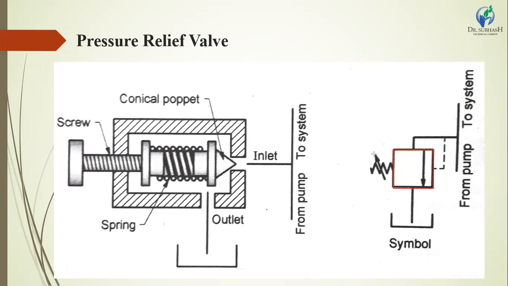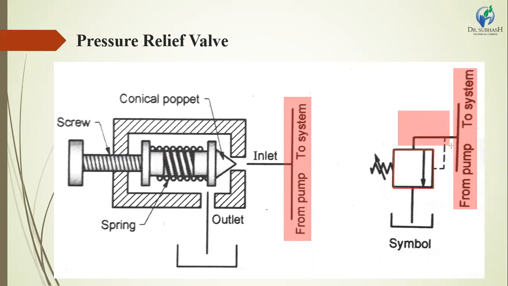The arrow means this is variable, we can set it as per our requirement. This line is mentioned from pump to system, and this is the inlet. This portion is also called the inlet.